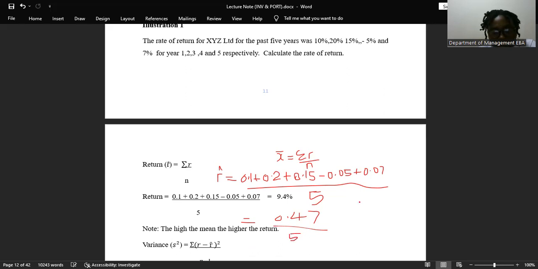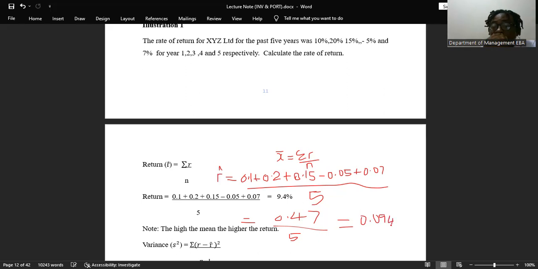I didn't take all the space. Let's continue here because I'll be solving the rest here. This will be equal to 0.47 divided by 5. We have 0.094.